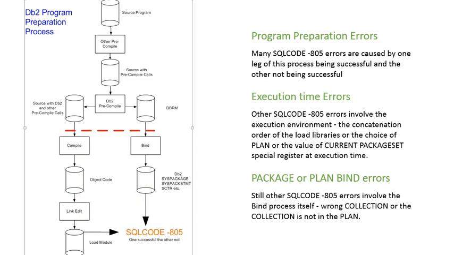The concatenation order of load libraries at execution time, the load library itself, or the choice of plan, or the value of the current package set special register can cause execution time errors. Bind errors might include packages bound to the wrong collection, or the collection not bound as part of the plan.